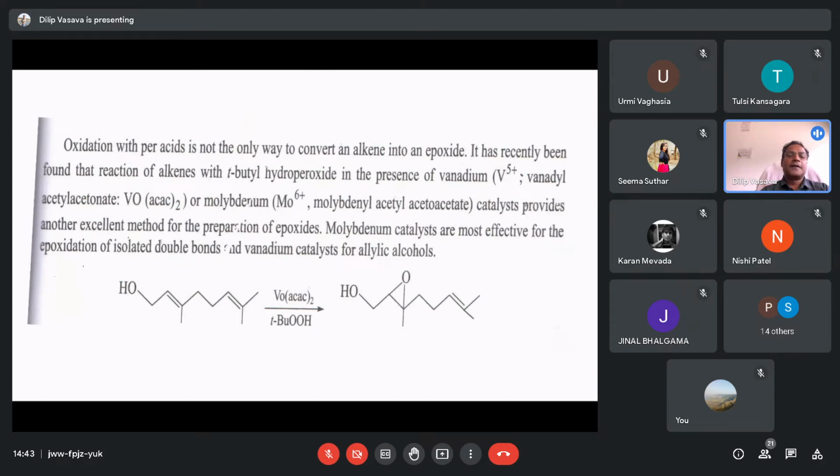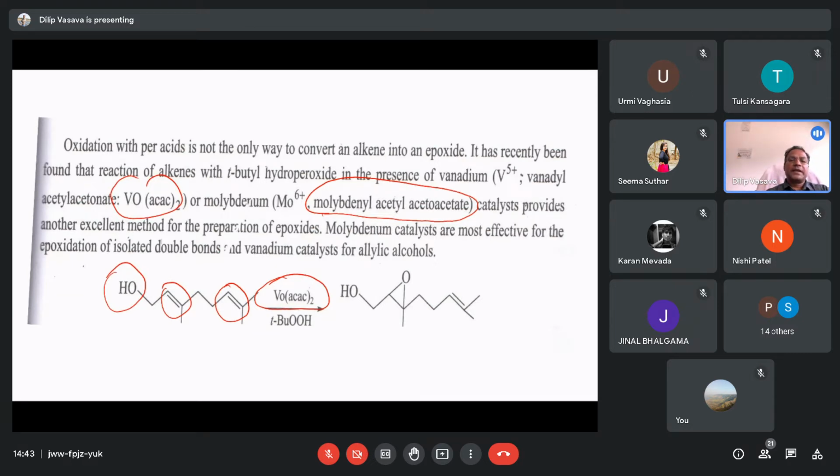This is another oxidizing agent, utilized in the presence of vanadyl acetylacetonate and the molybdenum derivative, molybdenum acetylacetonate. These are also good, specific oxidizing agents, because if you look at the structure, here there is a double bond, this one is also a double bond, and one more OH is also present.